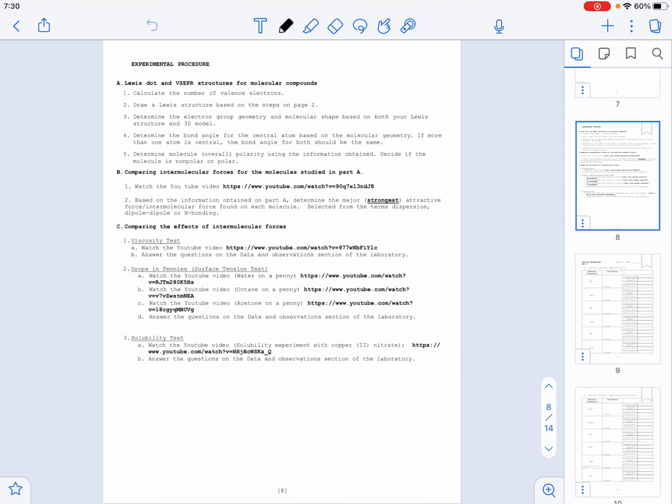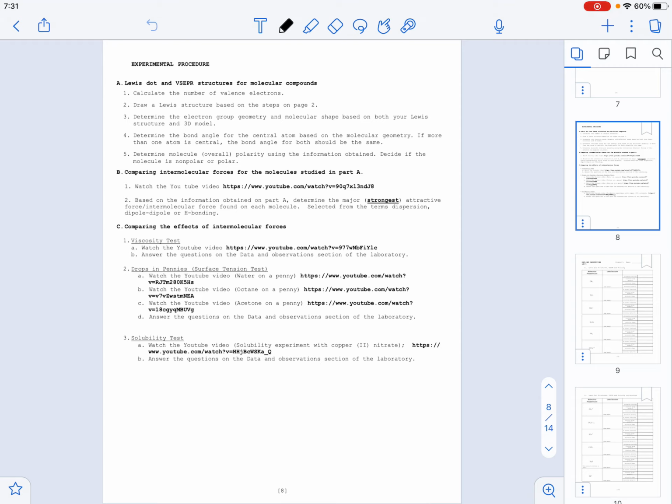For surface tension, what you're going to be observing is that students are going to have a penny and put drops of a substance, which is either water, octane, or acetone, on that penny.